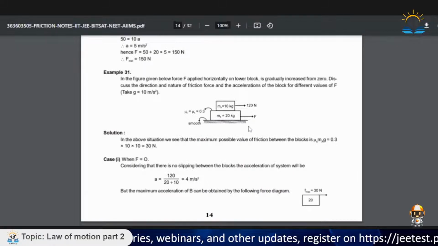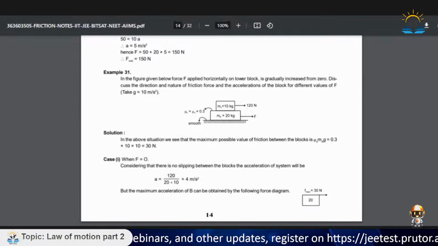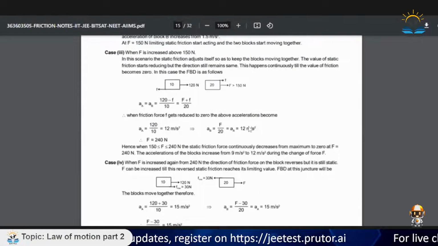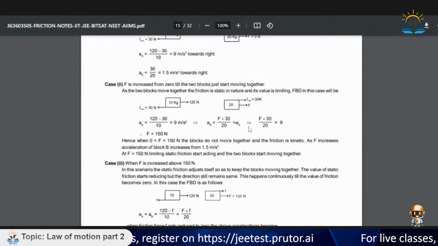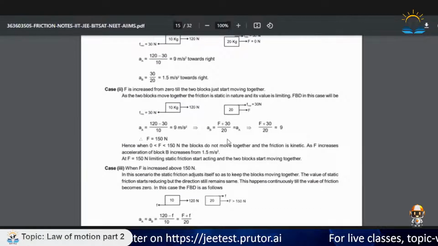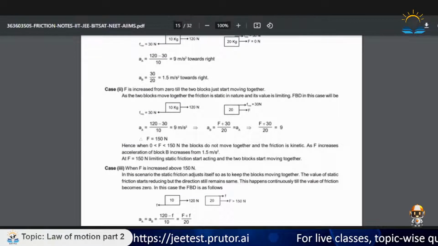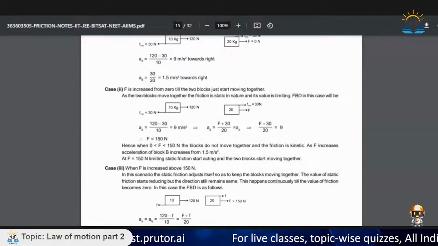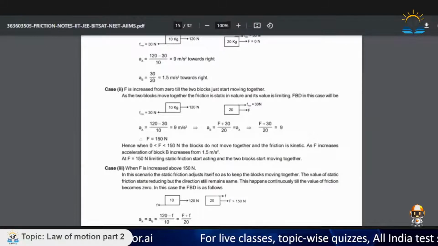There we can write (F plus 120) upon 30 is equal to some acceleration. So acceleration of A would be (120 minus 30) upon 10, which is 9.